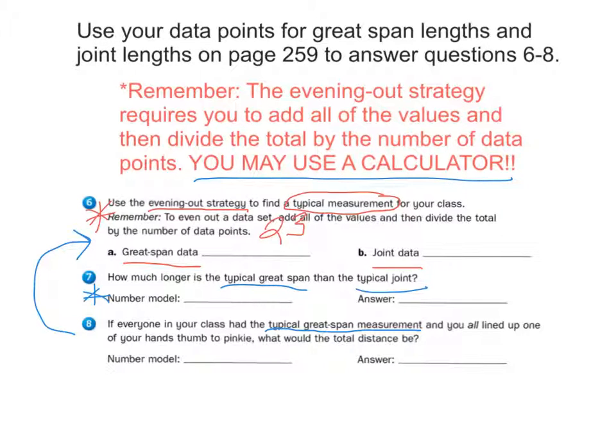Okay, so remember, for our data, we had 23 pieces of data. So you're going to need to use that number plus whatever answer you got for 6A to figure out the number model and then the answer. Think about what operation you would need to do when you get the great span data for 6A, the typical measurement, and 23 people in the class.